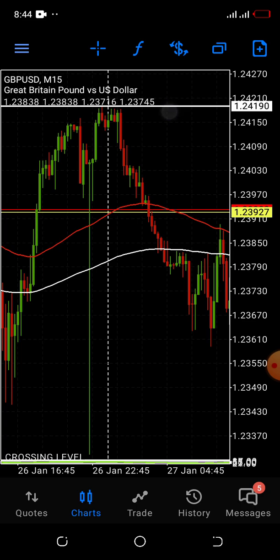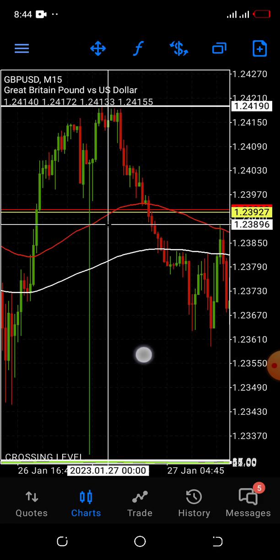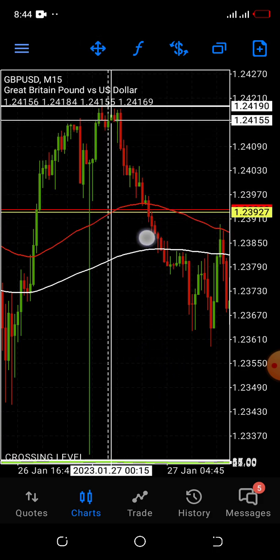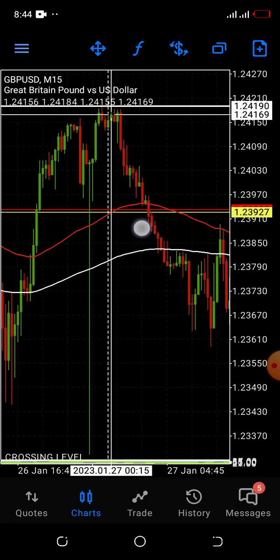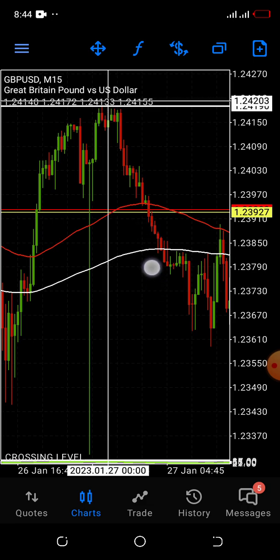Now what you will do is, when you mark your level on the highest point where price reached for the previous day, you will come to the present day, which is today. At this point where price is forming, what you will simply do is sell, and make your stop loss just a little bit above the recent high.